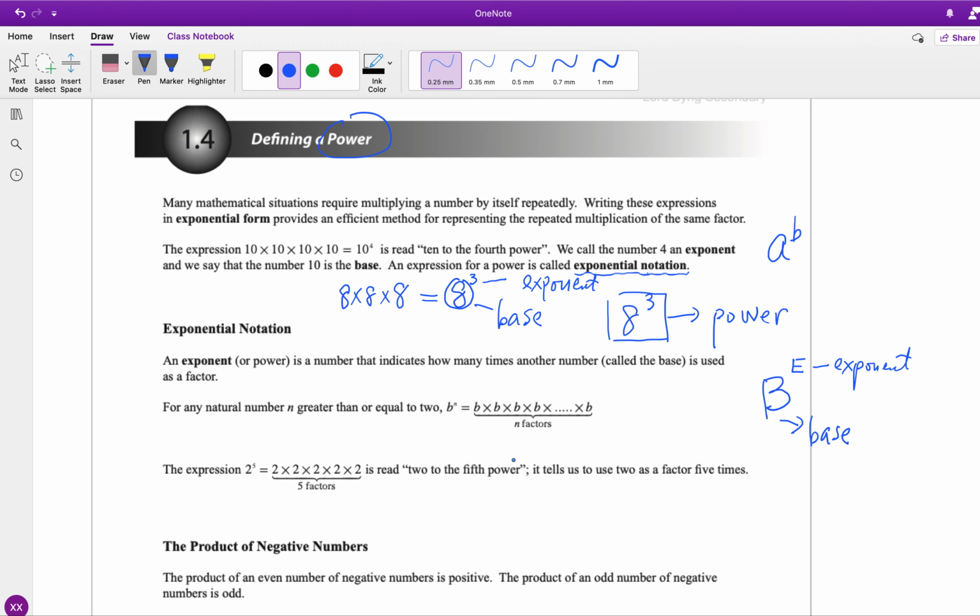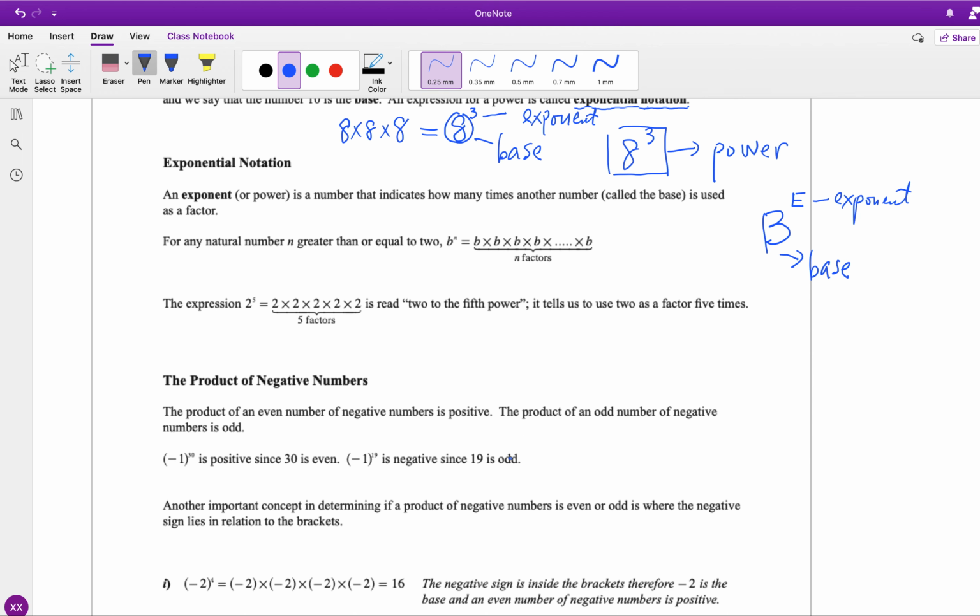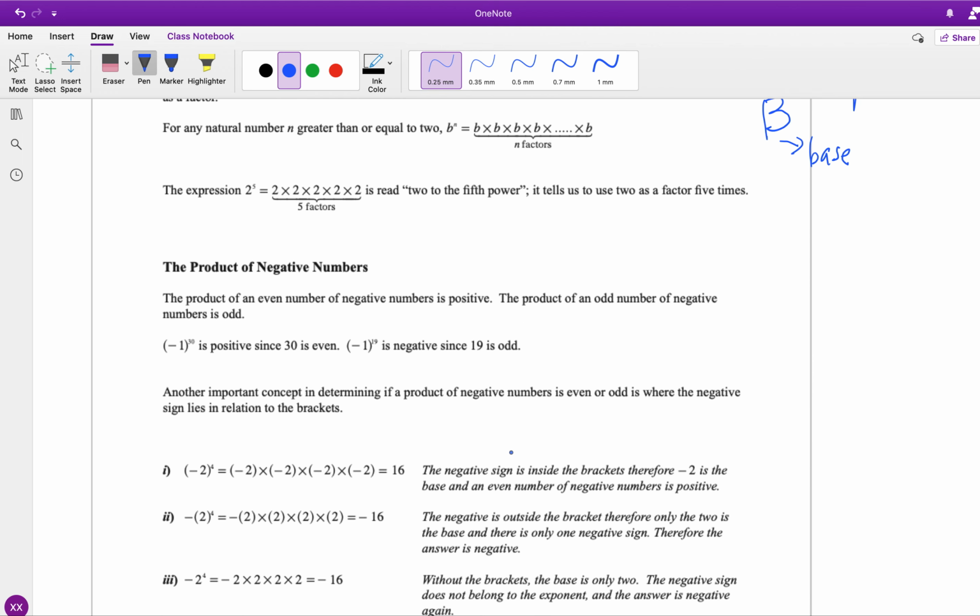And that's just a more abstract way to write it. Okay? So in this case, one thing we need to pay attention to is the so-called product of negative numbers. What does that mean? That means negative 2 multiplied by negative 2. This multiplication is called the product of this number, which is negative 2, then multiplied by another negative 2. Written in exponential form, that is negative 2 to the power of 3.